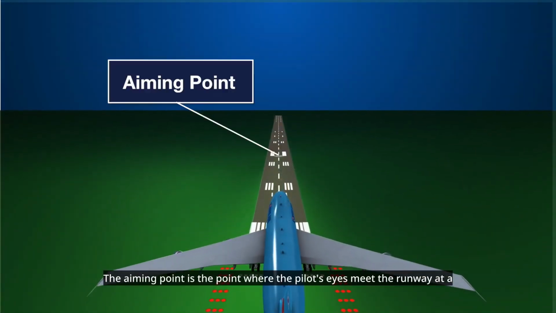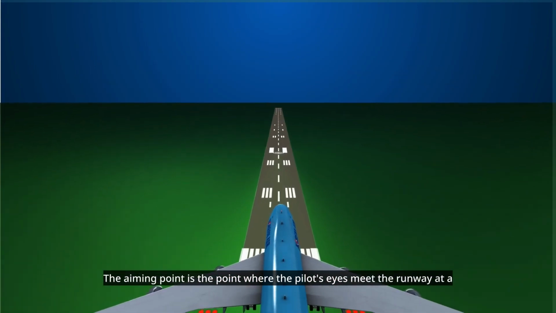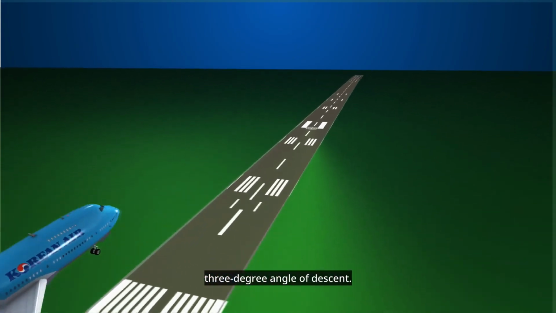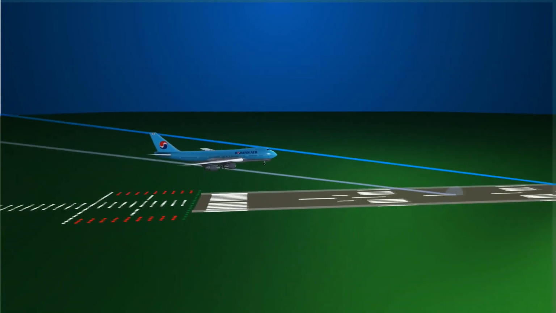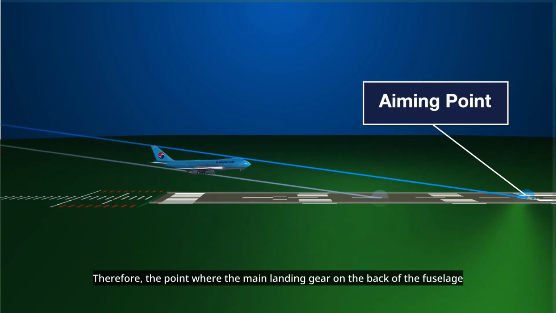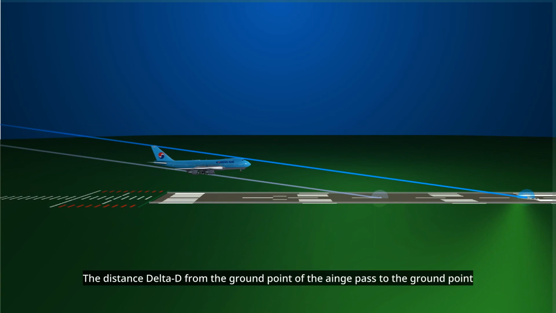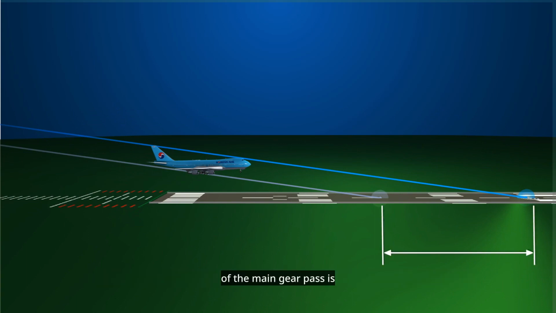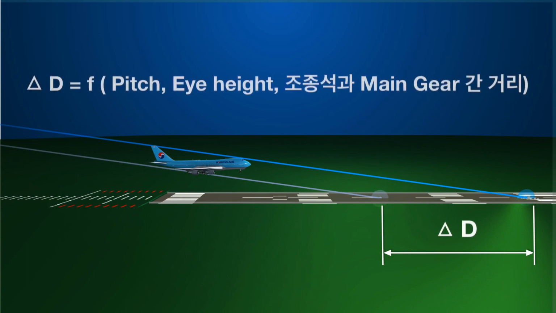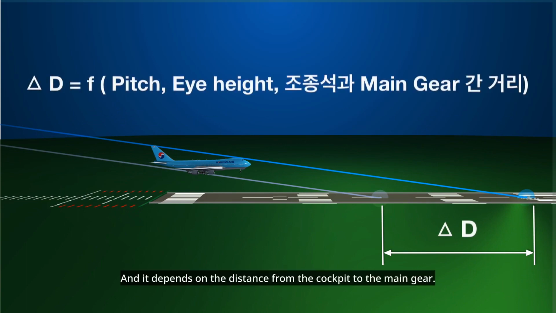The aiming point is the point where the pilot's eyes meet the runway at a 3-degree angle of descent. Therefore, the point where the main landing gear at the back of the fuselage meets the runway at a 3-degree angle of descent is well behind the aiming point. The distance delta D from the ground point of the eye path to the ground point of the main gear path depends on approach pitch, eye height, and the distance from the cockpit to the main gear.